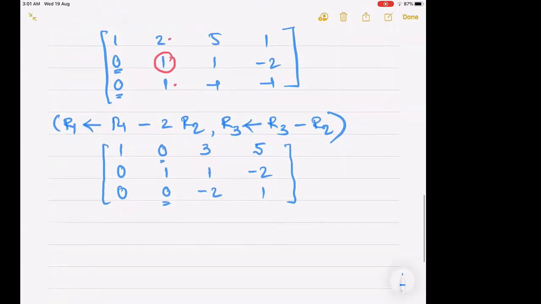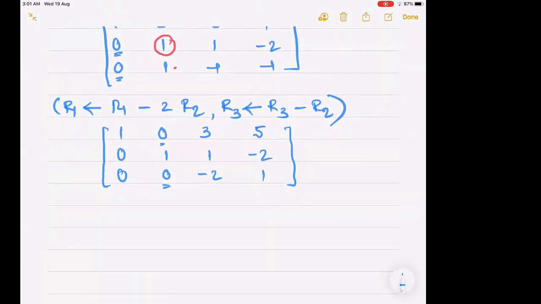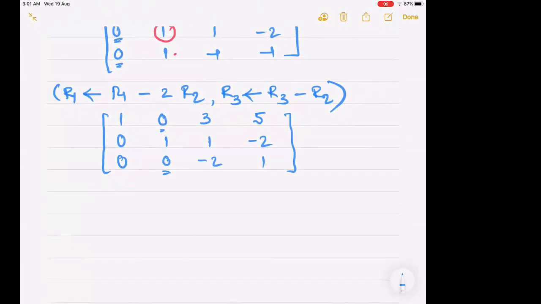Now what do I do? So this row is also done, the second row. Now I have to concentrate on the third row. And once again, start scanning from the left. If I start scanning from the left, I get a 0 here, fine. I get 0 here, I leave it. This is the first leading term, yeah? And this leading term, I have to make 1. So what do I do?